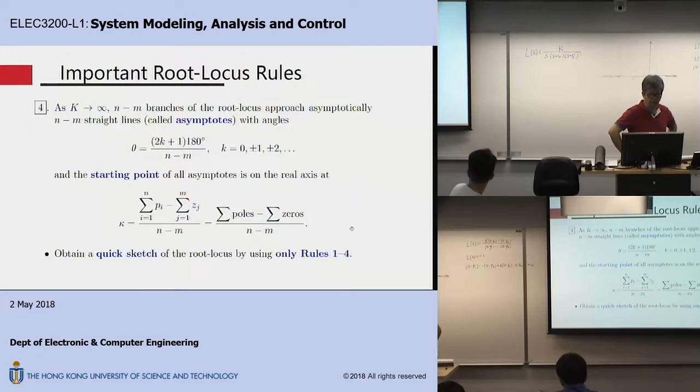As k goes to infinity, n minus m branches of the root locus approach asymptotically n minus m straight lines called asymptotes, with angles given by this expression.